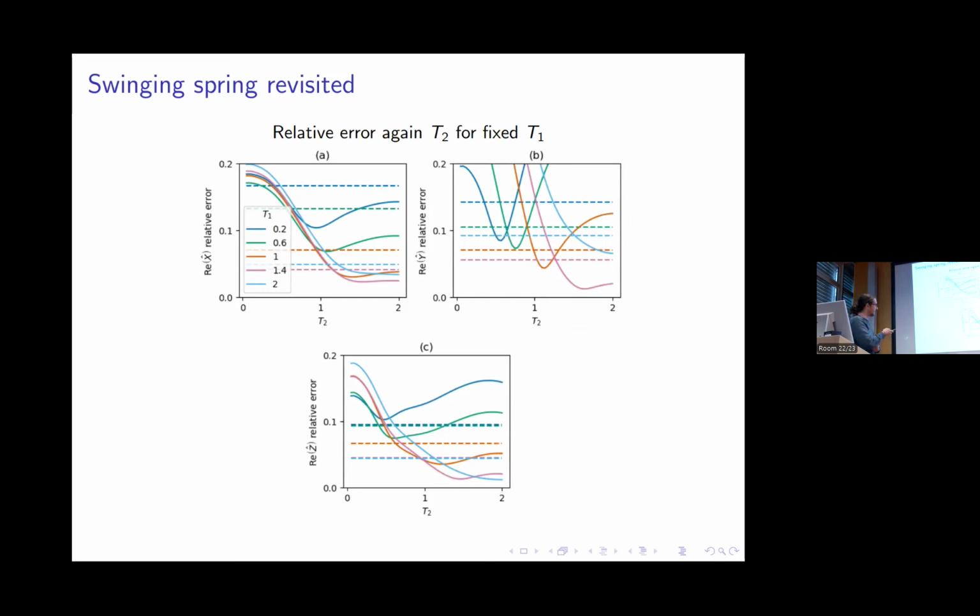So if T2 goes to 0, that's the same as just taking a deferred correction step without any second averaging. And what's weird about this is these dotted lines here are the phase averaging with no deferred correction steps. And bizarrely, the deferred correction step seems to decrease the accuracy of the system for smaller averaging windows. So that shouldn't be happening.